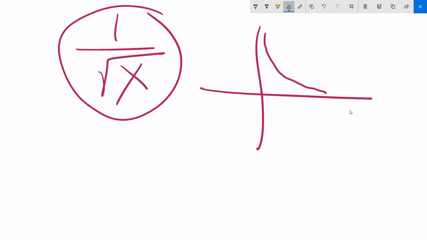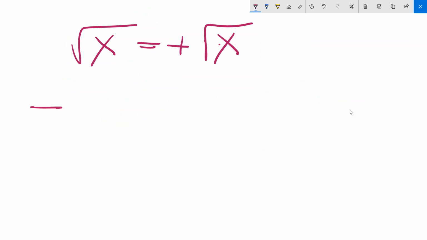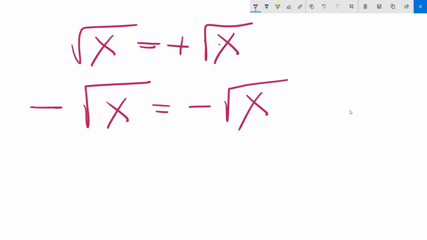Well, let's talk about that, because that is a little confusing. If I write that, I mean this. If I write that, I mean this. So if you see a radical sign and it does not have a sign in front of it, it means the positive.